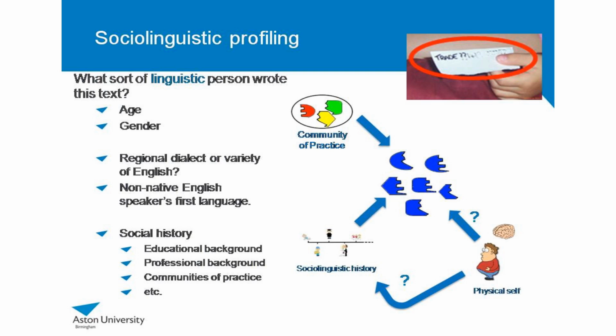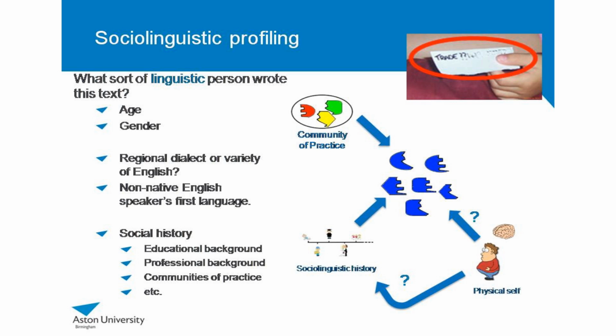What we're wanting to do is look at the text represented by these identity presentations and work out what sort of person wrote this. Can we say anything about the physical self? Probably not, because the physical self is best understood as feeding into the sociolinguistic history.